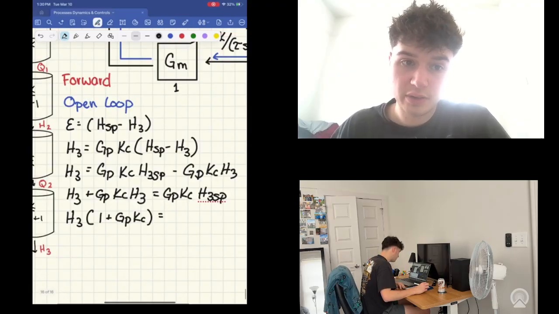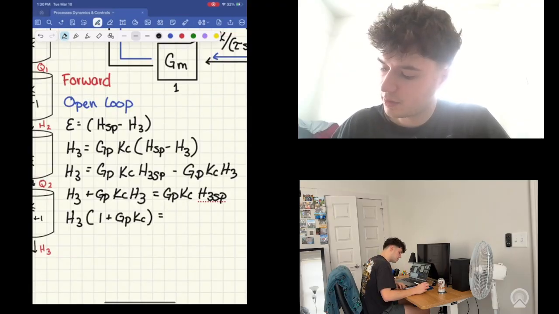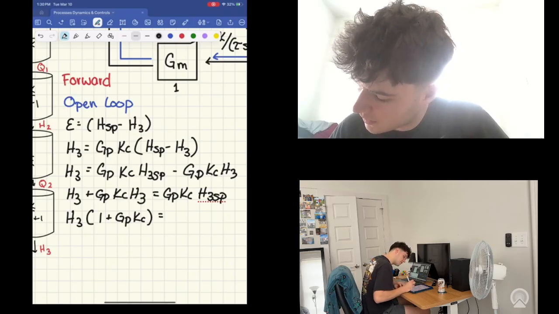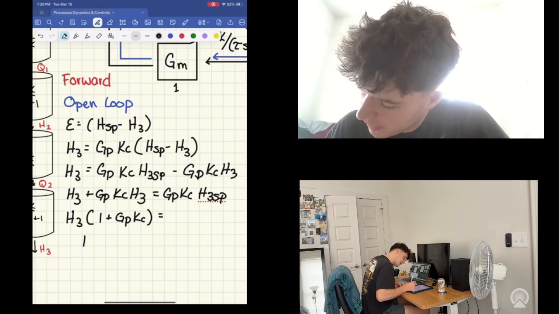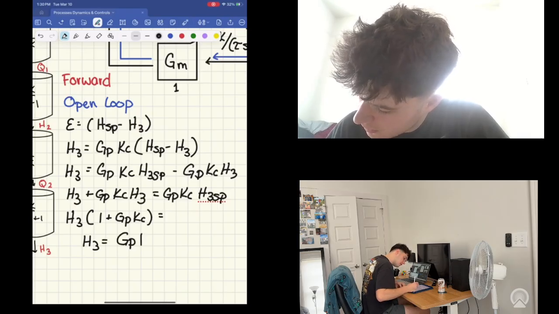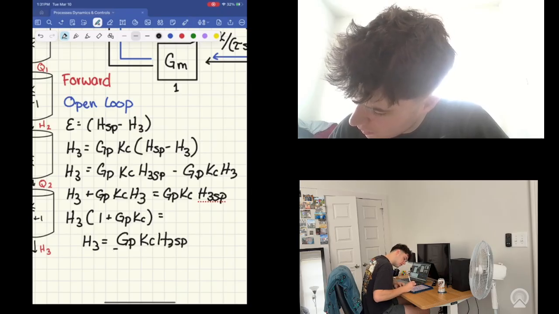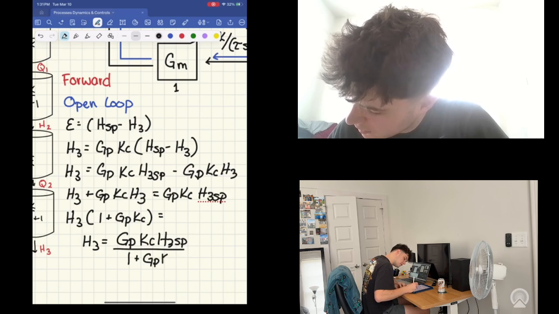And then for the final section, we divide both sides by this 1 plus GPKC value, and you get H3 equals GPKCH3SP all over 1 plus GPKC.